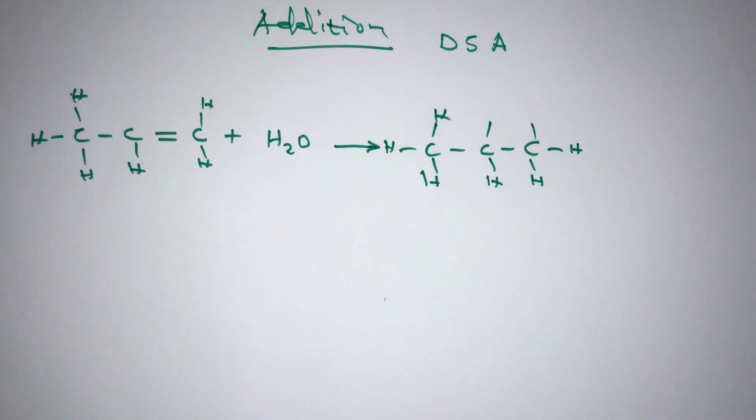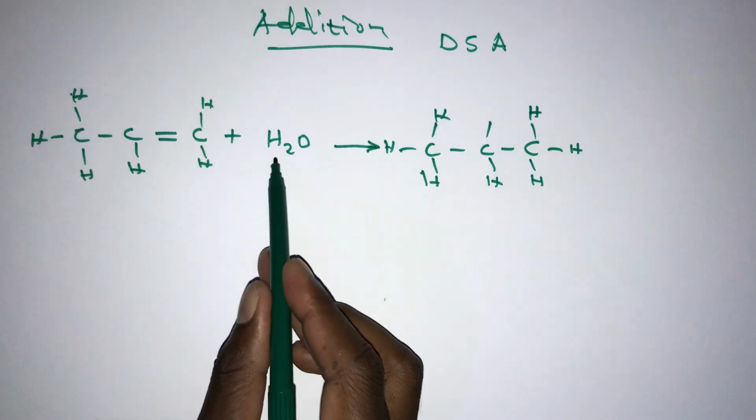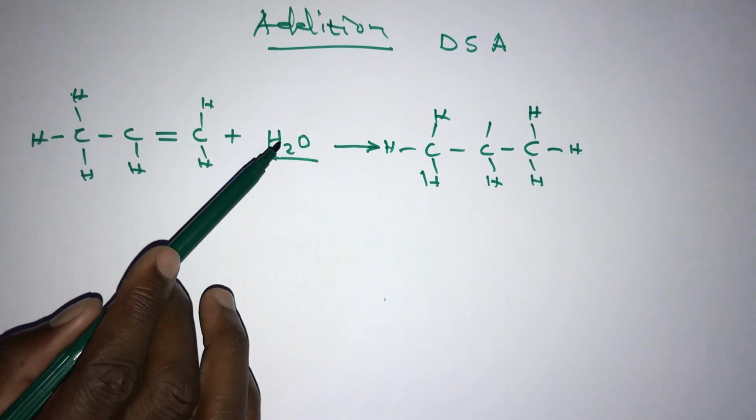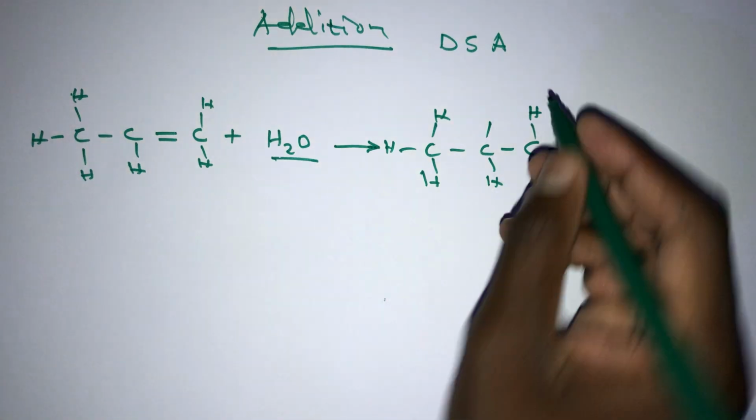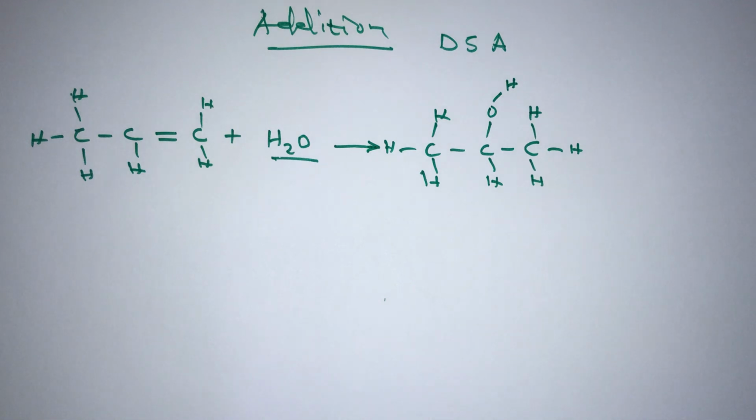Now remember, the rich get richer. So on the first carbon atom, we'll put a hydrogen. Since we're adding water, how many hydrogens do we have here? We have 2. That means we're left with OH. So we are going to put our OH on the second carbon atom. Now it became an alcohol.